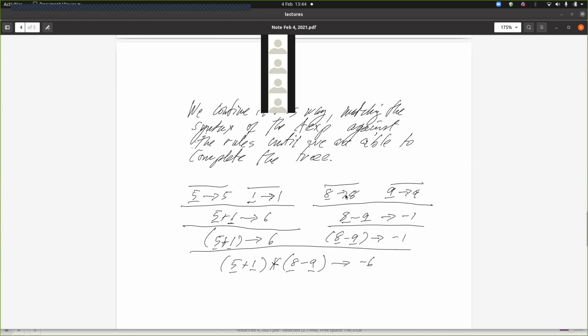All these have been shown in this one derivation, because I can take this part of the derivation, and that's a derivation that shows that the numeral 5 plus the numeral 1 is in the arrow relation with 6.